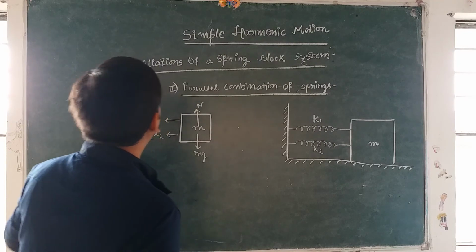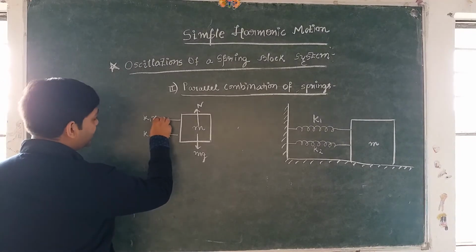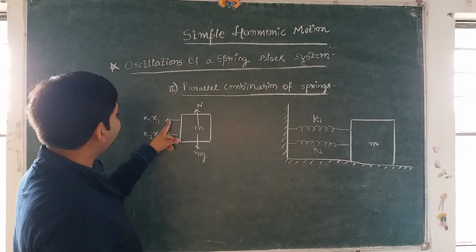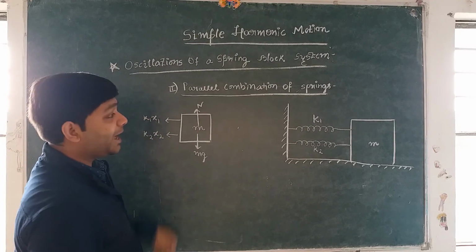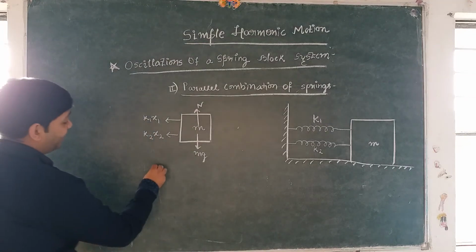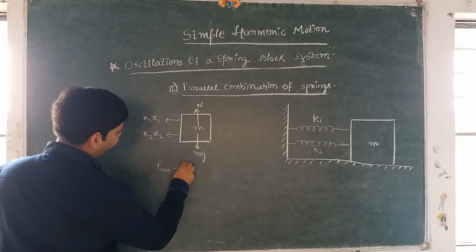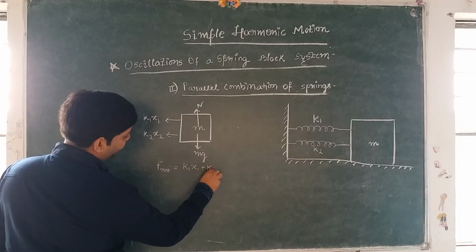Let's say the elongation in the length of spring 1 is x1, so the restoring force due to it will be k1 x1. You can see that both the forces are acting in the same direction, so they will get added and we will have F net equal to k1 x1 plus k2 x2.